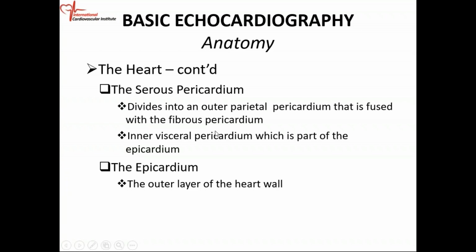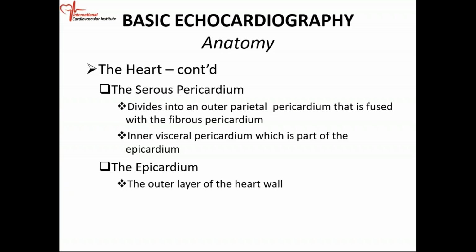Okay, all right. So the serous pericardium divides into an outer parietal that is fused with the fibrous pericardium and an inner visceral pericardium, which is part of the epicardium. So remember now, the pericardium is separate from the heart. It's a covering for the heart. Okay, it's the outermost cover of the heart.